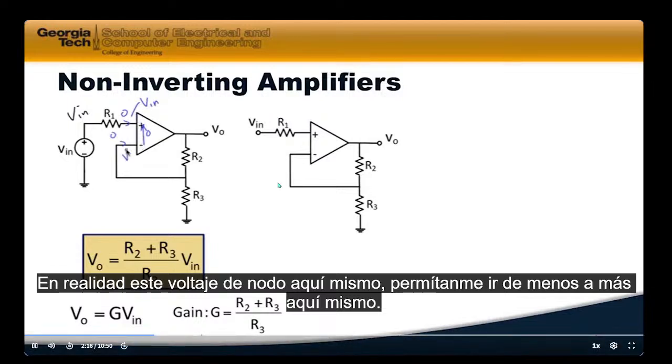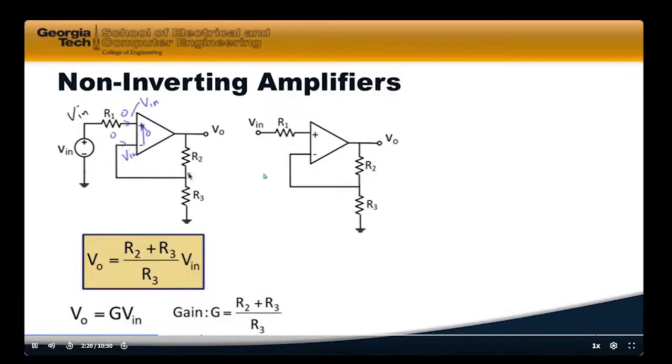And with 0 drop, that means that is also Vn right here, coming around here, that is Vn.